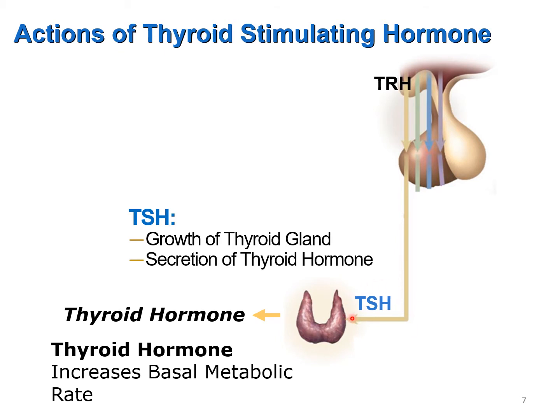Thyroid-stimulating hormone is released from the anterior pituitary gland in response to thyroid-releasing hormone from the hypothalamus. Thyroid-stimulating hormone targets the thyroid gland, causing an increase in growth of the thyroid gland as well as secretion of thyroid hormones.